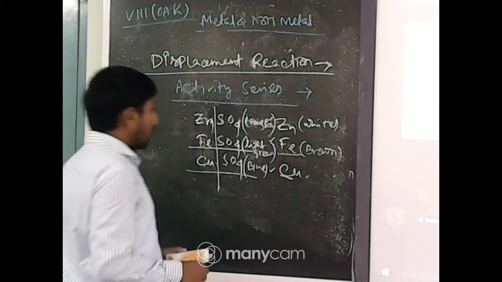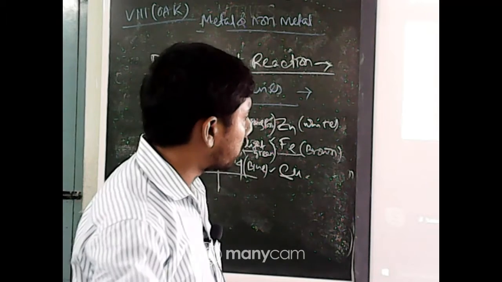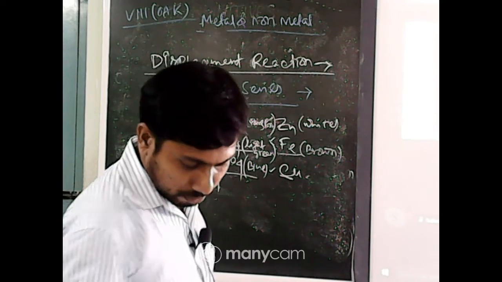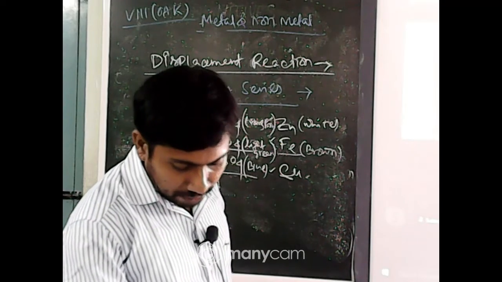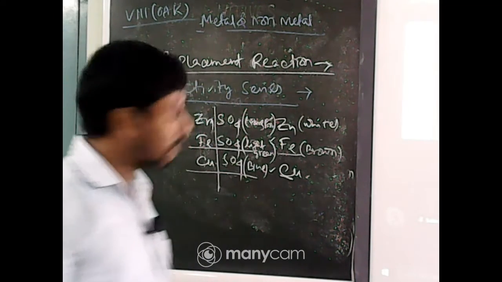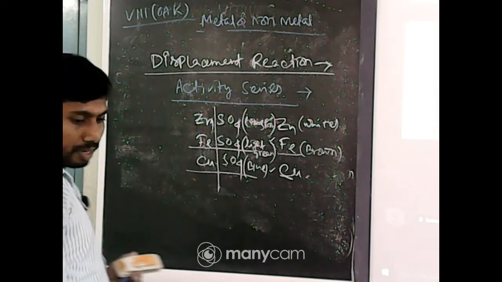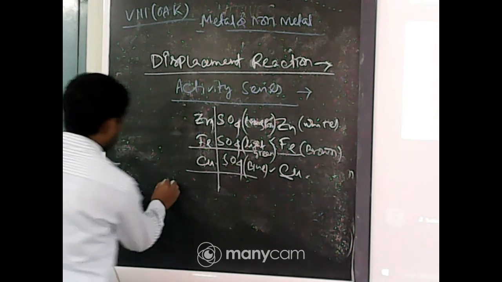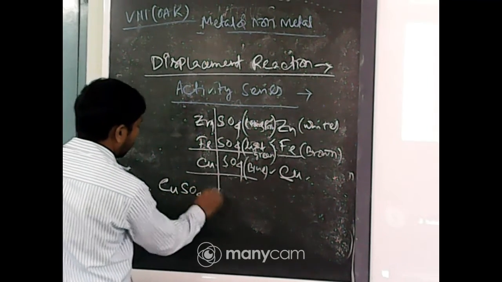Now the question is given, that is activity 4.8. Beaker A: copper sulfate and zinc granule. Now you answer it. What will happen? Copper sulfate plus zinc.